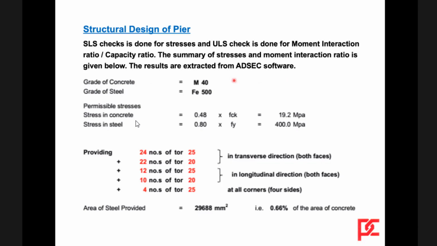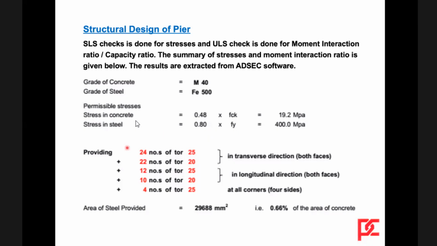We are using this one in our office, but there are so many other softwares also with which you can do that. Then, these are the permissible stresses. In SLS, these are the permissible stresses. 0.48 fck, 0.8 fy. You can go up to 0.8 if you consider fatigue effects. Otherwise, you have to go for only 0.6 fy.